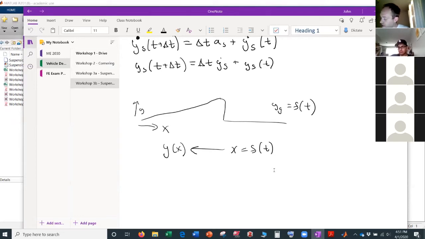My x as a function of time is just going to be equal to velocity times time, right?